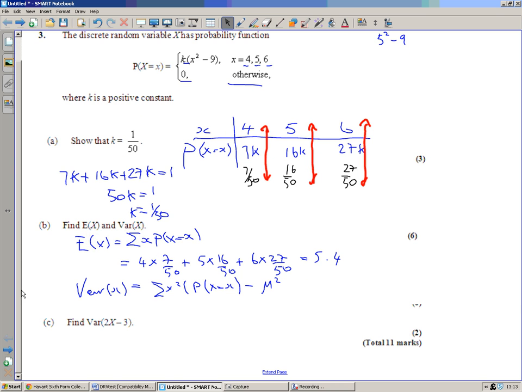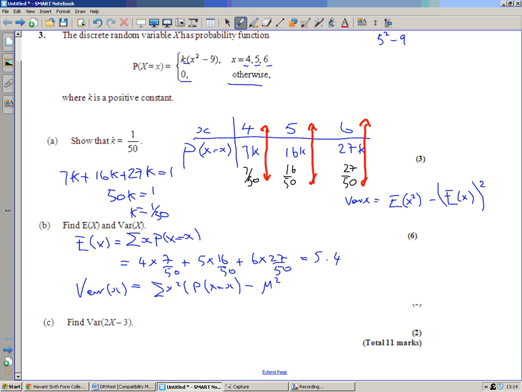Sometimes written in this way, using the expectation. Variance x is the expectation of the squares, take away the square of the expectation, same thing.